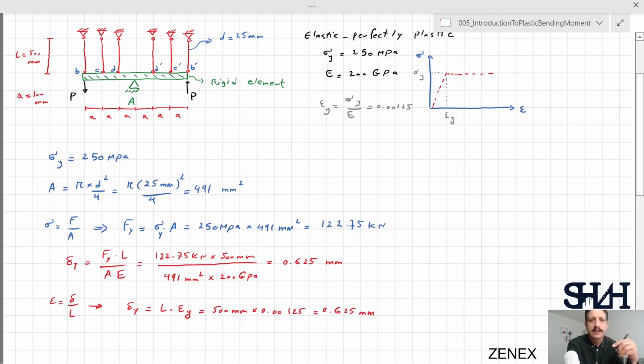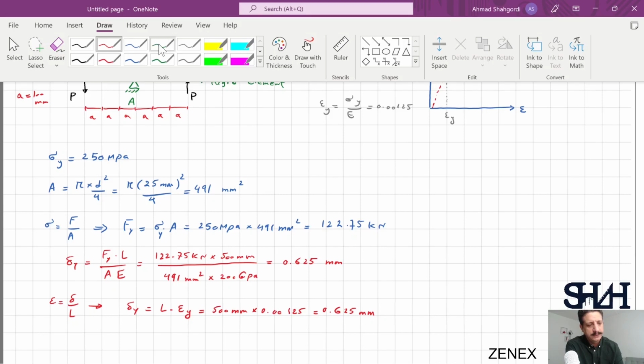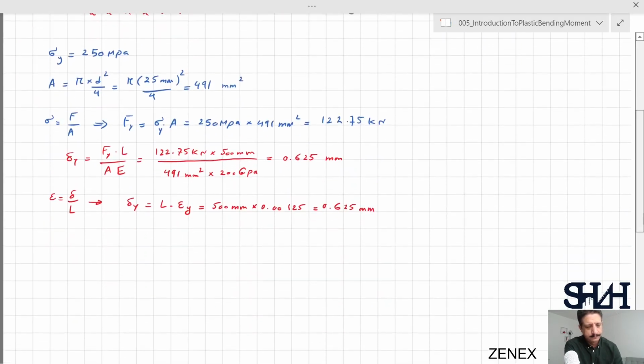So we can sketch another graph for this element, which is identical for all members, for all bars.